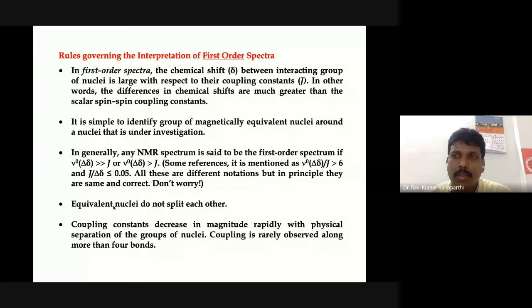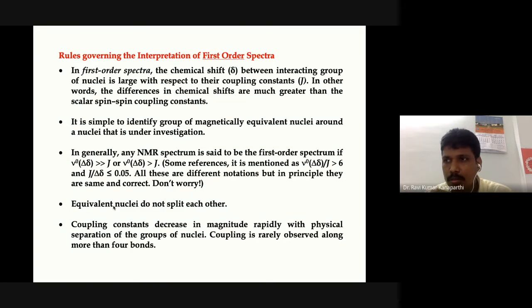The 60 megahertz or 100 megahertz spectra typically gave you a zero order spectra in the older days. But even nowadays, we have 1.4 Tesla benchtop NMRs, and even they give the split NMR spectrum.